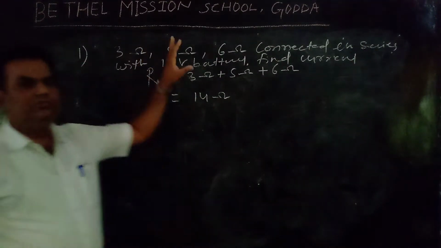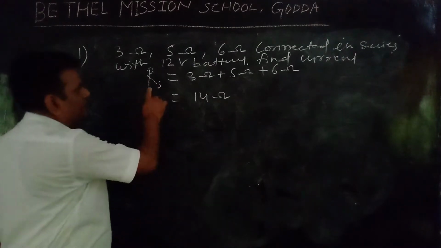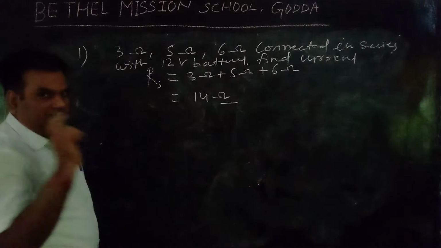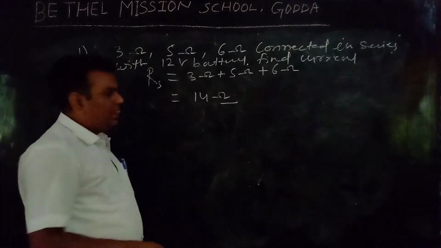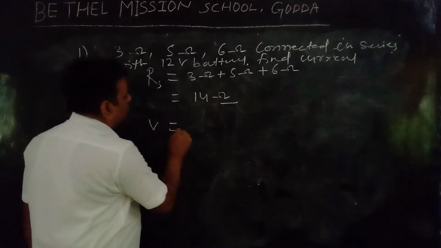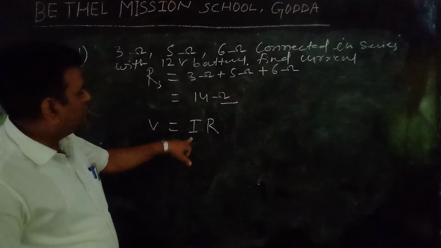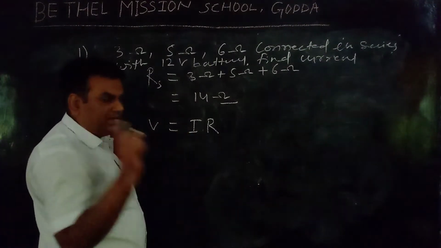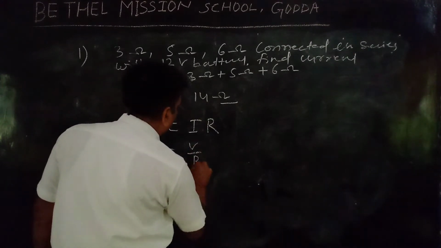How much current flows through this circuit? First we find the equivalent resistance, which is 14 ohm. Now we will use Ohm's law. Ohm's law is V equal to IR. We have to find I, where I is the symbol of current. So I equals V upon R.